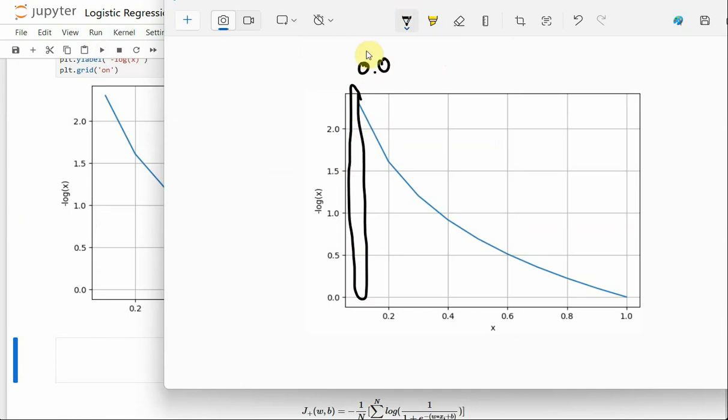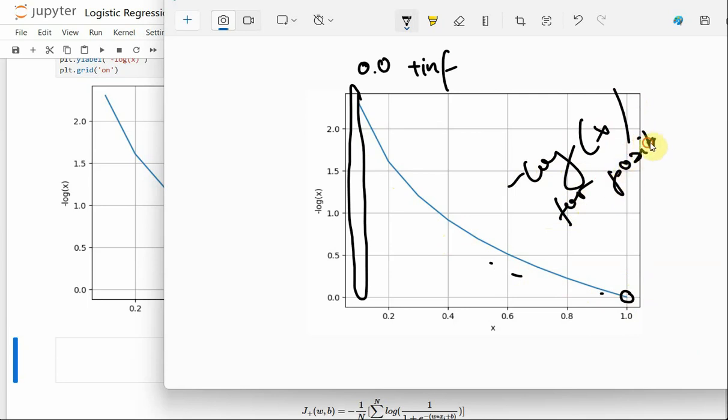In case of 0, it will be positive infinity. However, if we generate a value close to 1, then the cost function will take value 0. And in between these two edge cases, this cost function is monotonically decaying, which is also good for us. So we will take minus log of x as a cost function for the positive class.